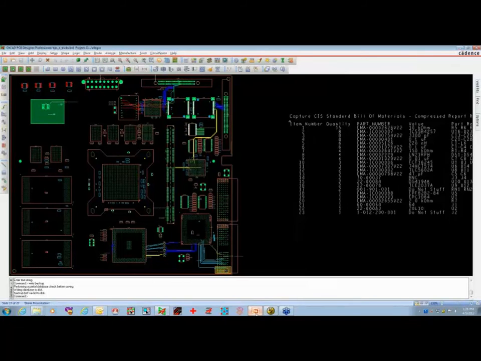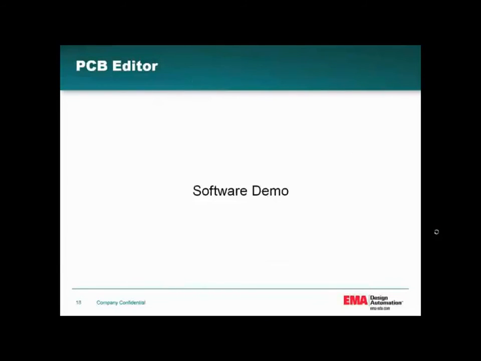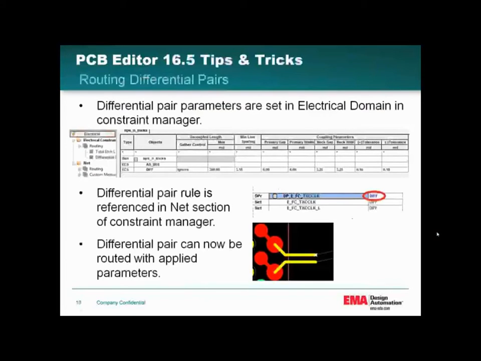Let's go back to the slides for a minute. The next thing we want to talk about is differential pair routing. Differential pairs are defined in the constraint manager. We would first set up a rule, and once we set up the actual differential pair rule, we would go and apply that to various nets.